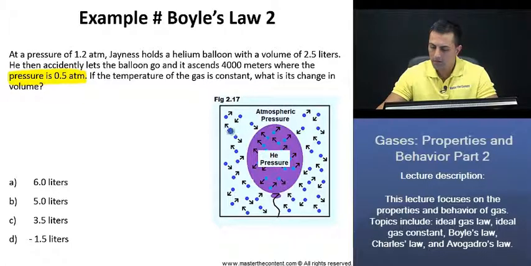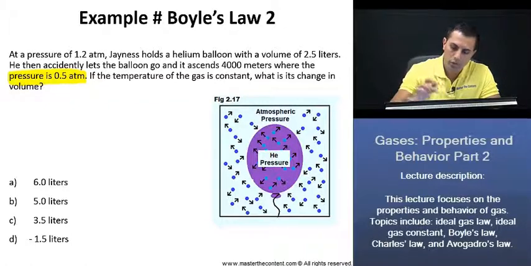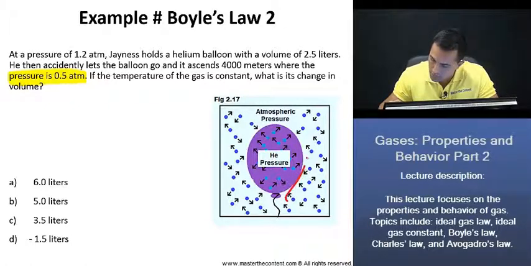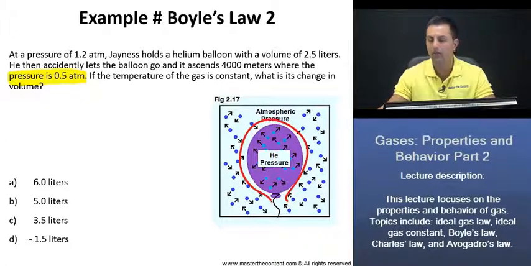Then that means that the air pressure is not pushing back as much on the balloon as it did at lower altitudes. Thus, due to the lower pressure on the balloon, we know that the balloon is going to expand and the change in volume should be positive.